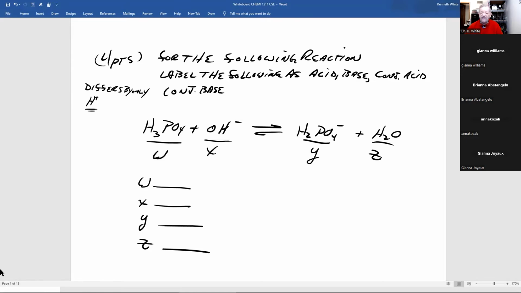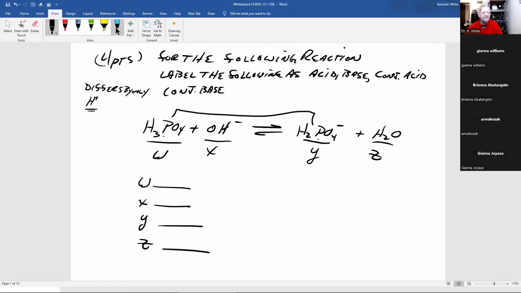So first of all, you have to find the conjugates. And an easy way to do that is, well, if it only differs by H plus, this has a phosphorus, this has a phosphorus, water doesn't. So these have to be conjugates. Next, here I have OH and H2O. Think of just an H, even though it's H plus.